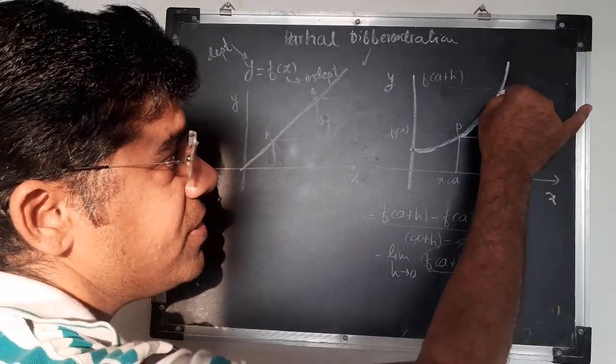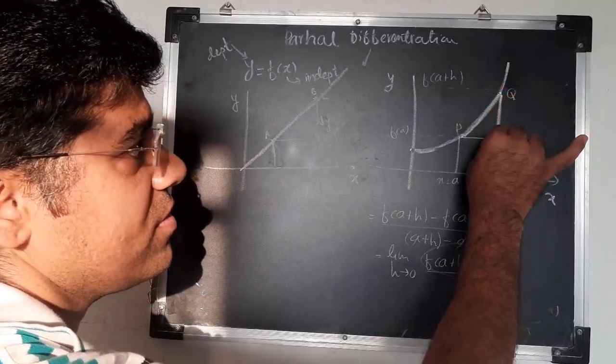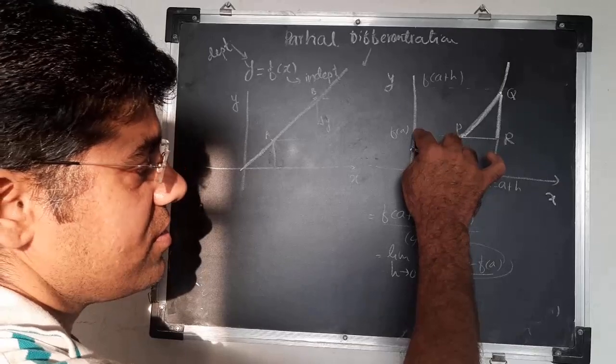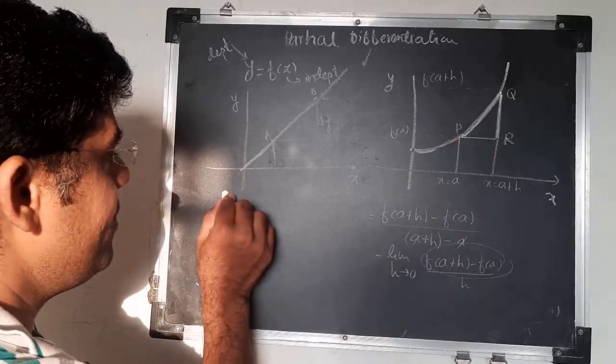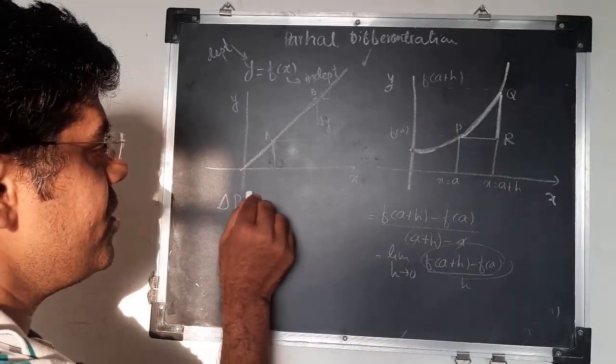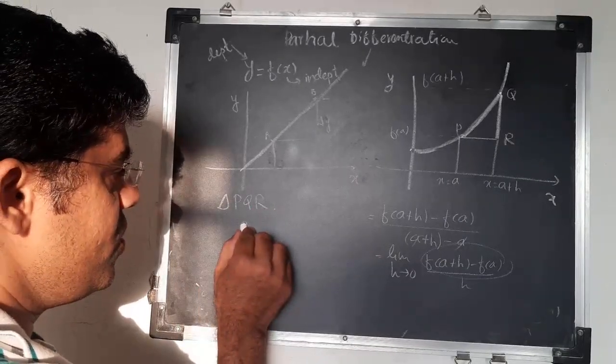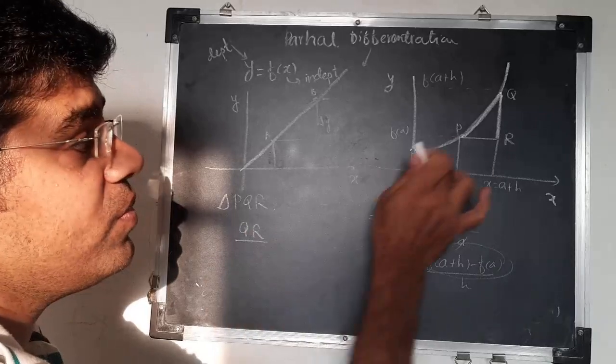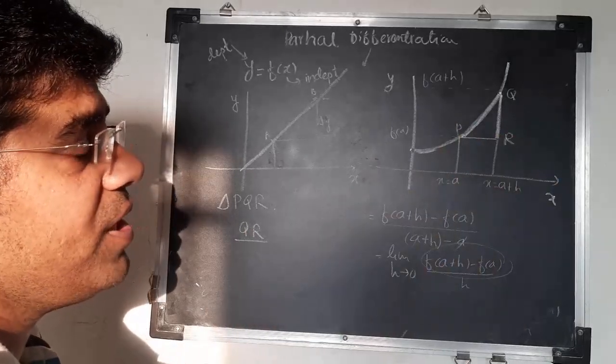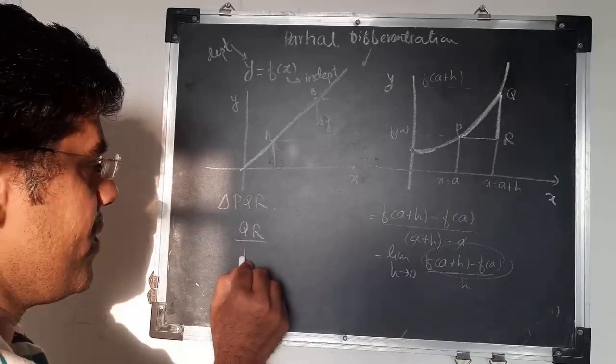So this represents what? The change along QR, this minus this. So I can write it in graphical way, suppose triangle PQR. This is QR upon PR.